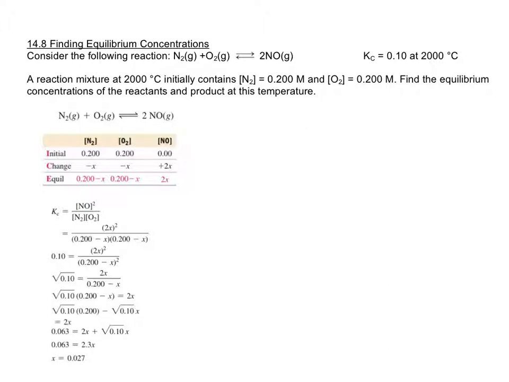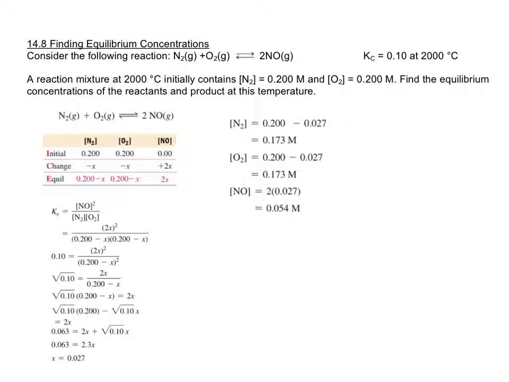So if we go back to our ICE table, the concentration of N2 is going to be 0.200 minus 0.027, which is 0.173 molar, and the same thing for O2. For NO, the concentration is going to be 2 times 0.027, which is 0.054 molar.